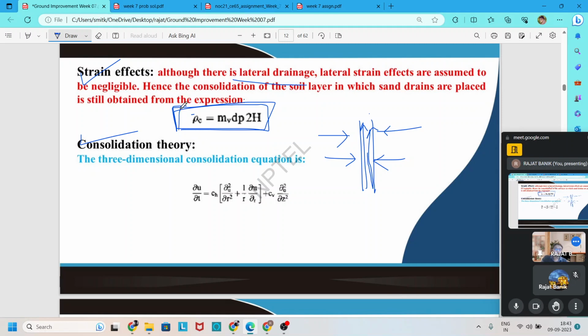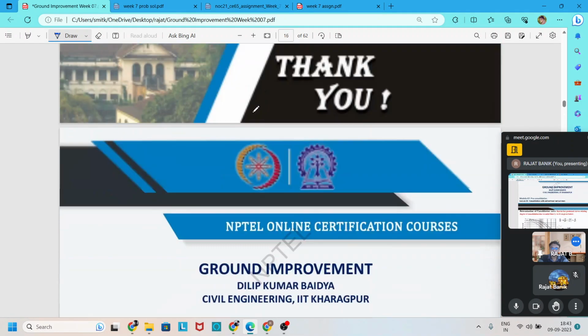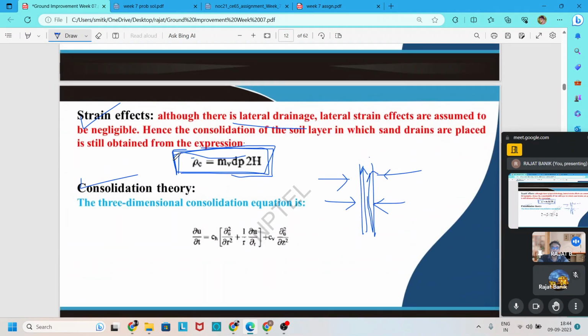By this formula we can find the settlement due to consolidation, where dp is the increase in effective stress due to the applied preloads, h is the thickness of the consolidation layer, and mv is one of the consolidation parameters.